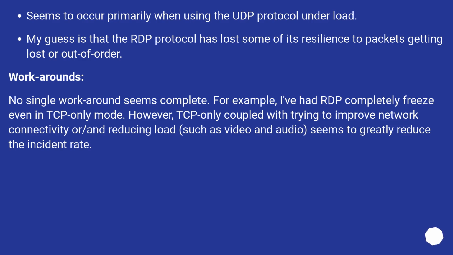Workarounds: no single workaround seems complete. For example, I've had RDP completely freeze even in TCP-only mode. However, TCP-only coupled with trying to improve network connectivity and/or reducing load, such as video and audio, seems to greatly reduce the incident rate.